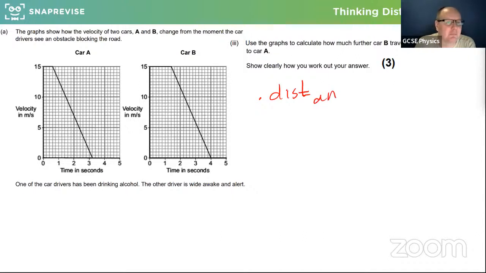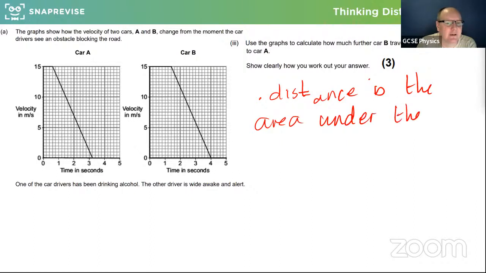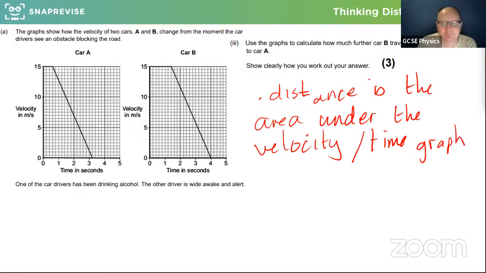So distance is the area under the velocity time graph. So we look at the two graphs, we look at car A. Car A, we're going to look at this area here, trying to draw that as neatly as I can.